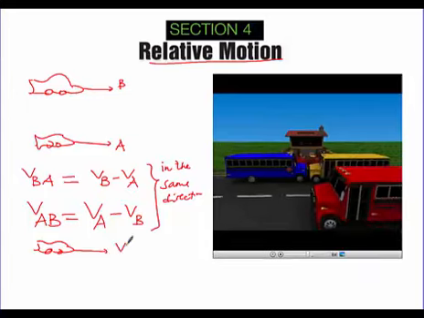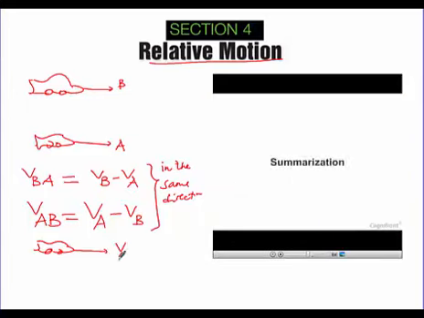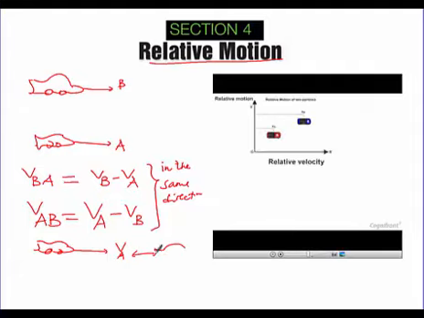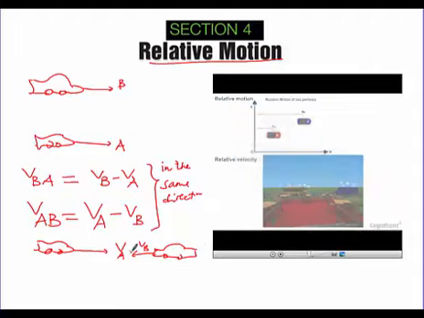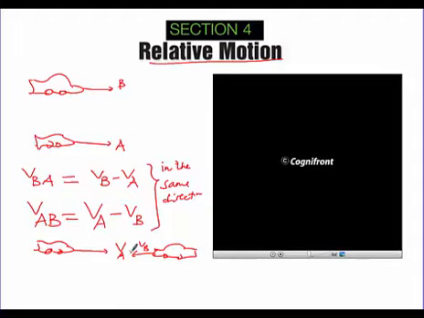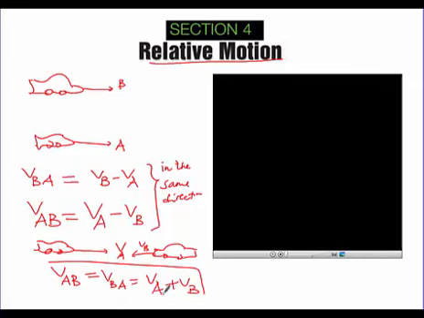Let's say this is car A, which is moving at a velocity of A, and we have another car, car B, which is moving to the left at a velocity of B. The velocity of A relative to car B is the same as the velocity of B relative to car A, which is the sum of their velocities.